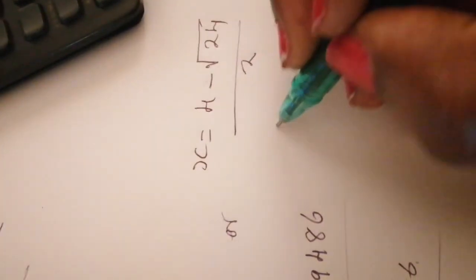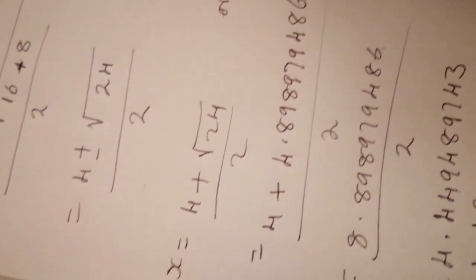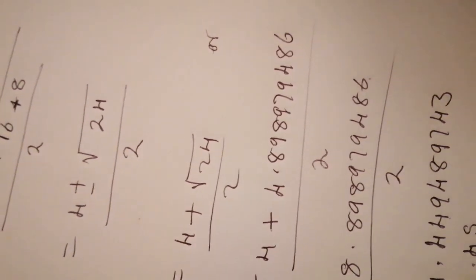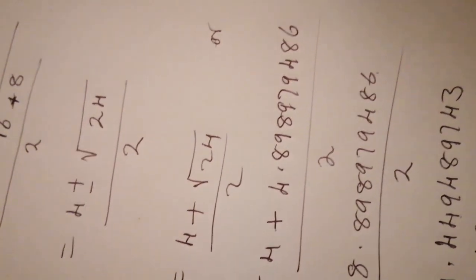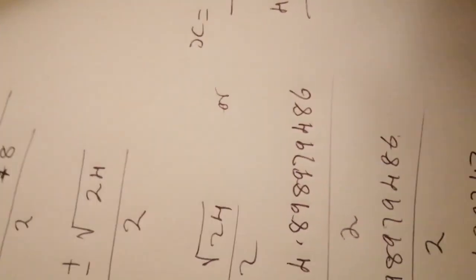Or when we use subtraction, we have 4 minus square root of 24. We found it here. It's 4.89897948 over 2.